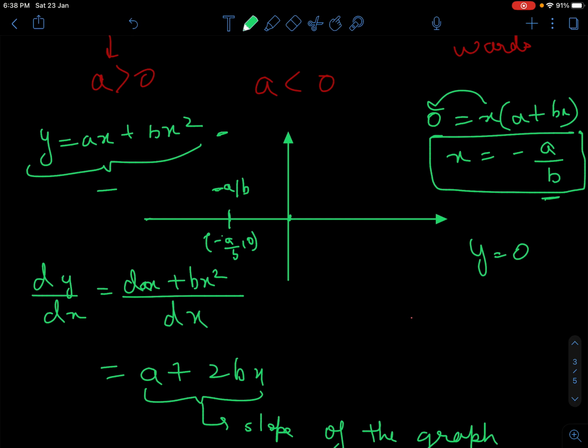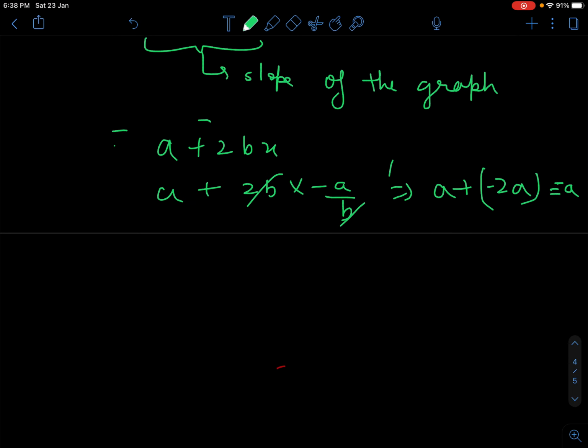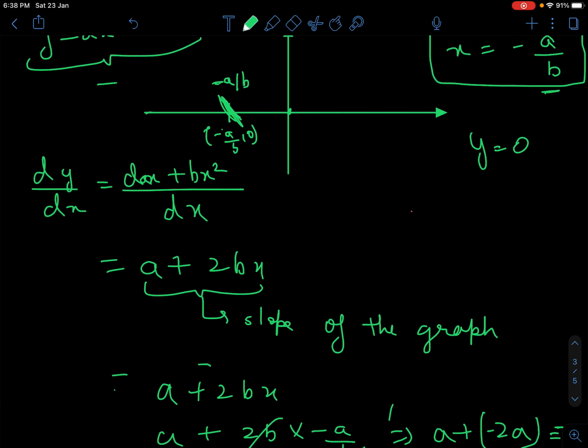So that means the slope will be like this. It will be negative.